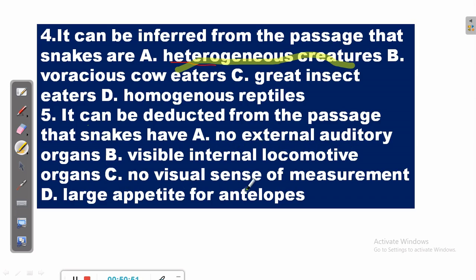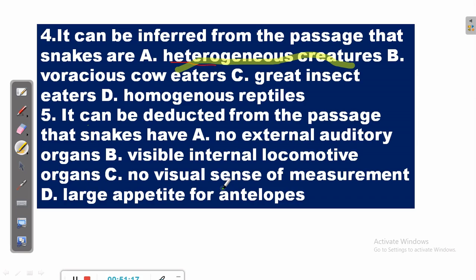C, no visual sense of measurement. There was nothing about their visual, their sight that was mentioned to us. So we don't look for ideas from outside the passage, even though you may have learnt in biology that these are characteristics of snakes, but we were not told this specifically in the passage.